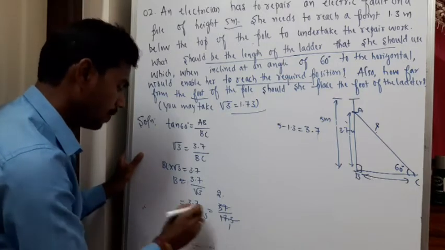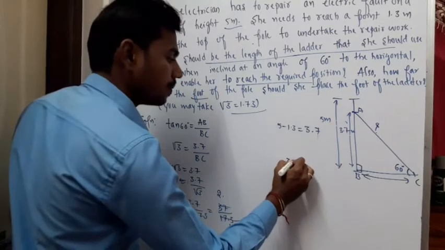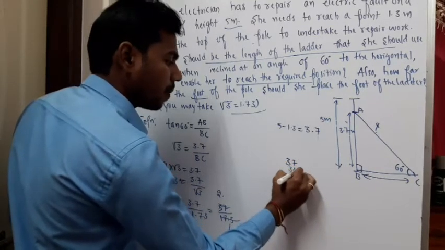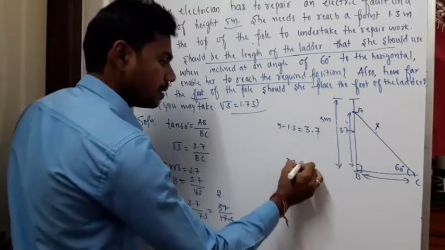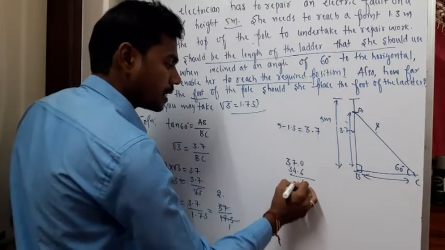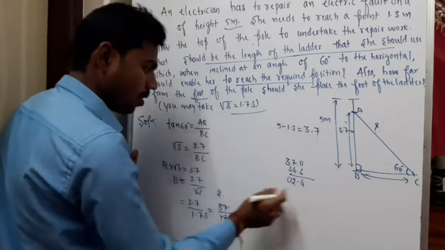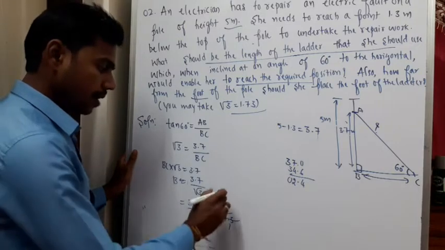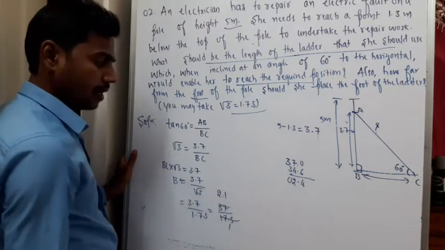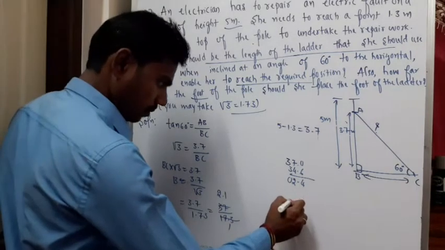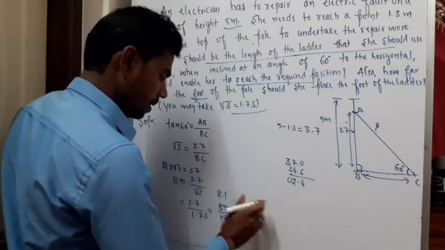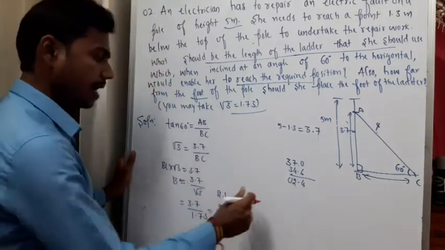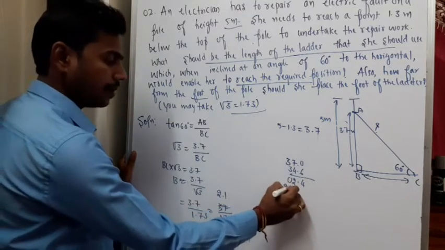So 34.6. So 37 minus 34.6 is 2.4, which is 24. Again 17 1s are 17. Since I have placed one decimal here, it will be 24.